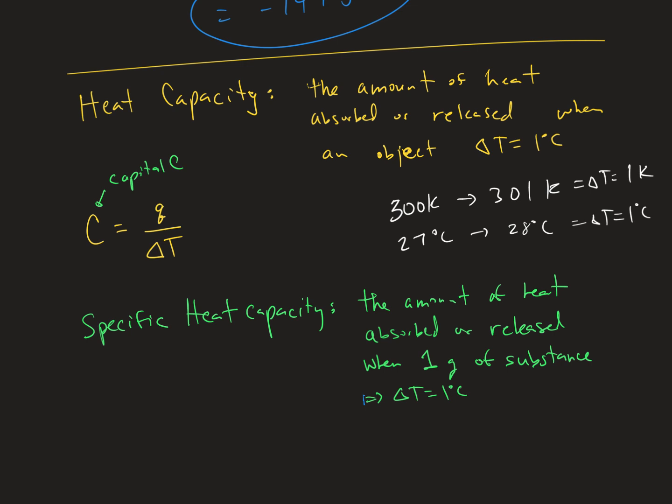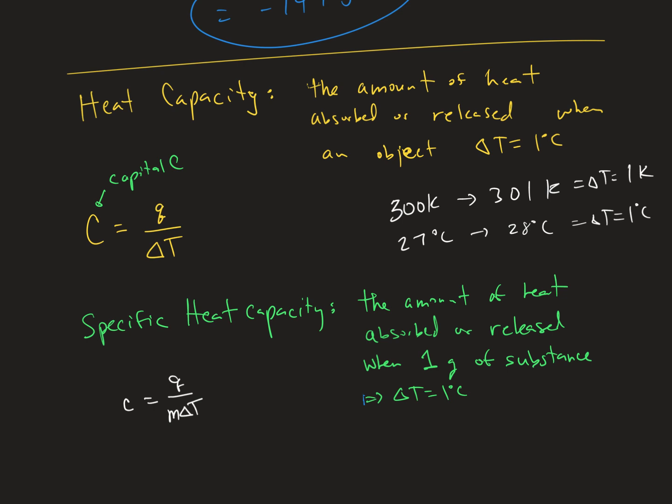One of them is an object. It doesn't matter how big or how small the object is. It's how much heat that entire object can hold before its temperature changes by 1 degree Celsius. And specific heat capacity is changing 1 gram of that substance. If we're talking about iron, 1 gram of iron by 1 degree Celsius. So the equation here is lowercase c equal to Q over mass times delta T. Just a slight difference.